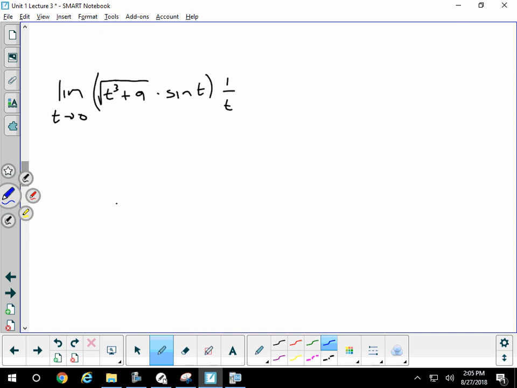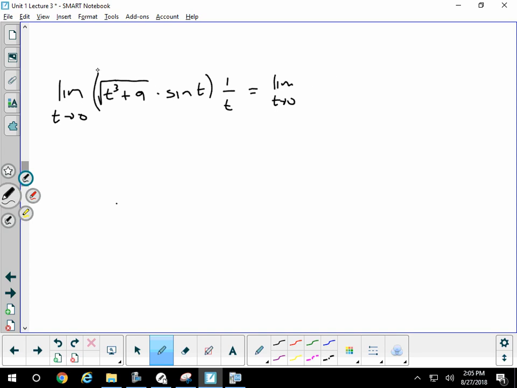We have another one. Again, my first attempt would be to plug in the value 0 here for t. If I plug in 0, I would get 0 over 0. Okay, what to do? Don't give up. Let's just try to simplify. In this case, it's very easy to manipulate things using your properties of multiplication.